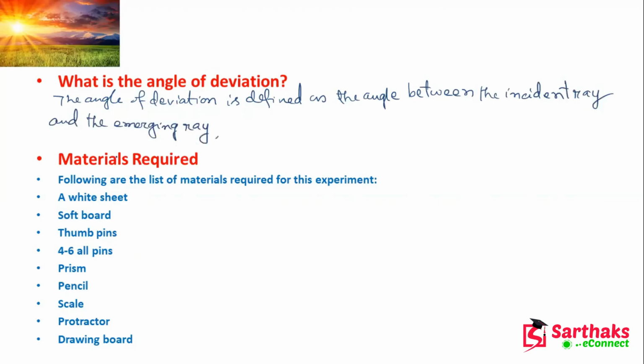So this is the angle of deviation. Now, what materials do you require? A white sheet, soft board, thumb pins, 4 to 6 all pins, prism, pencil, scale, protractor, and drawing board. All these things we require.